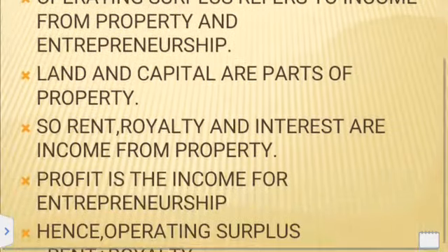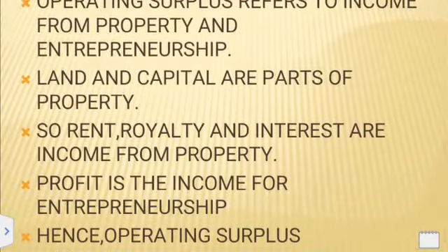The incomes that we get from property are rent, royalty and interest, because property has two parts, land and capital. From land we get rent and royalty, from capital we get interest. So from property as a whole, we get rent, royalty and interest. The second part, the income from entrepreneurship, is nothing but profit.